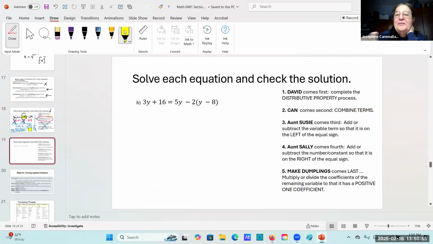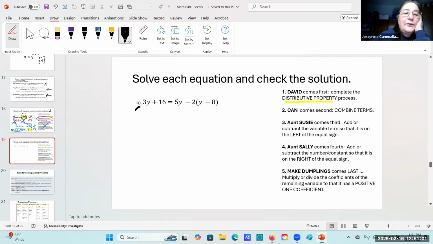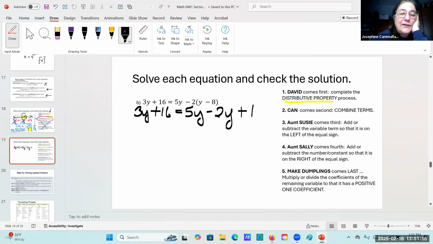Okay. Now, we're going to distribute. This will give me 3y plus 16 is equal to 5y minus 2y plus 16.